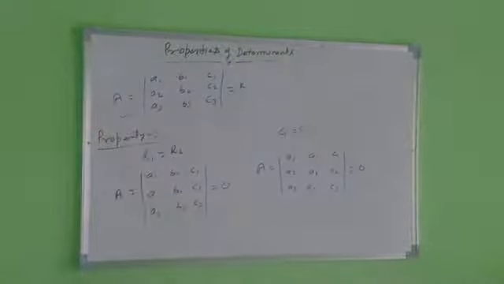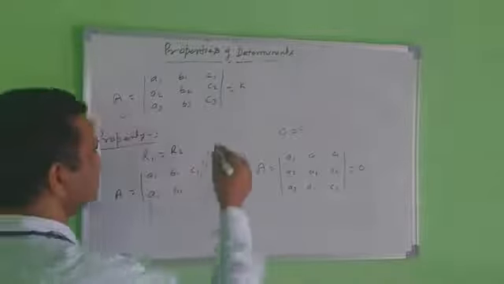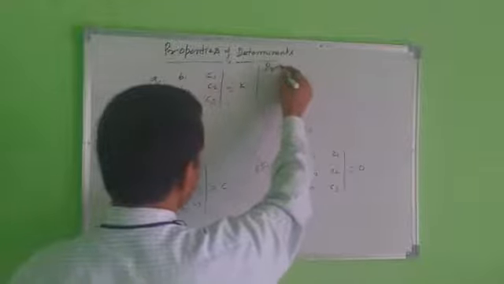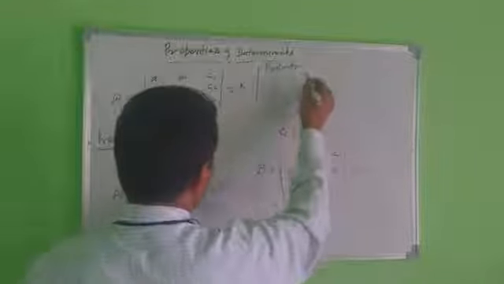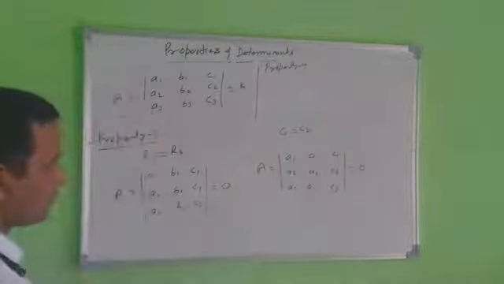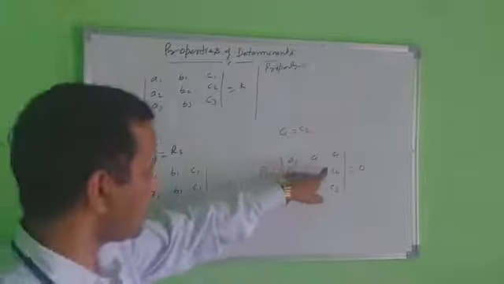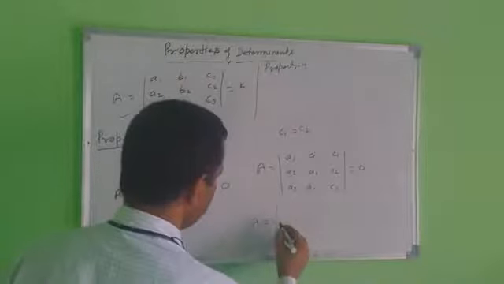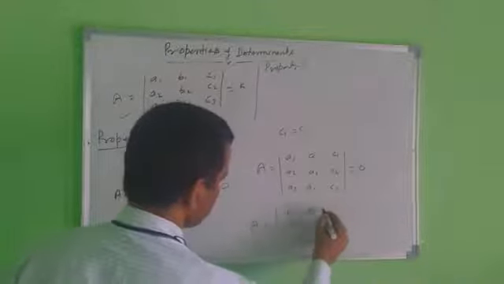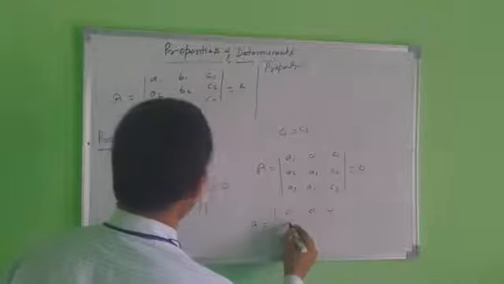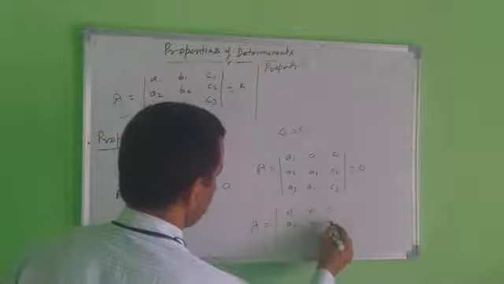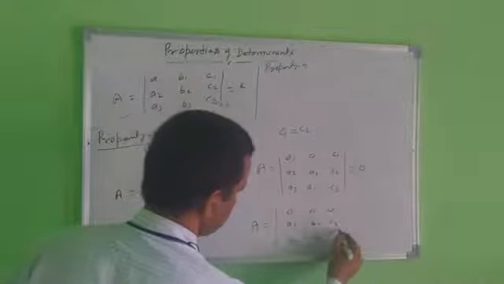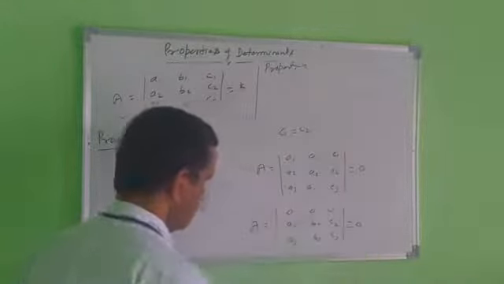Next is property number 4. Suppose one row is completely 0, that is 0, 0, 0, with A2, B2, C2 and A3, B3, C3 in the other rows. Then the determinant is also 0.